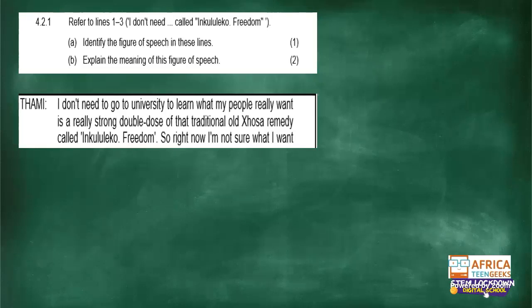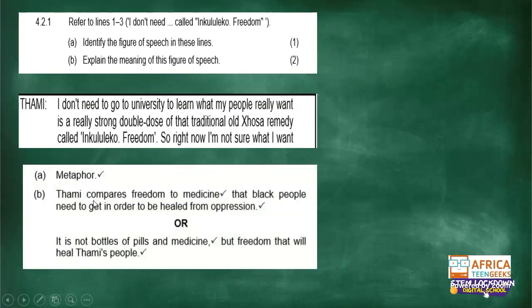Well done to you guys. There we go. So we have a metaphor. It can't be a simile because we don't have the word like or as.